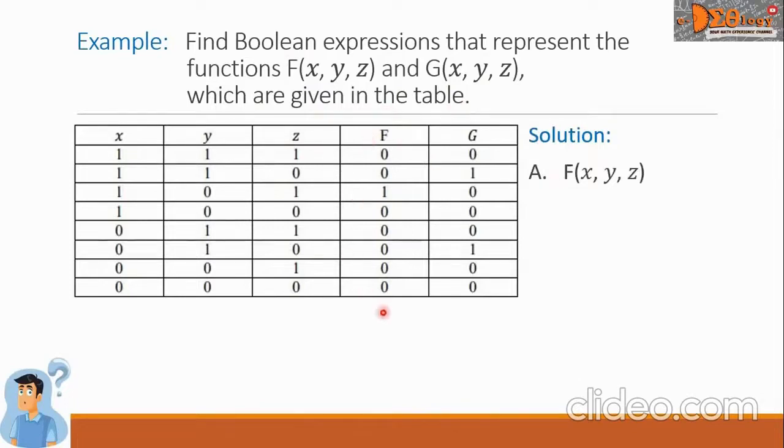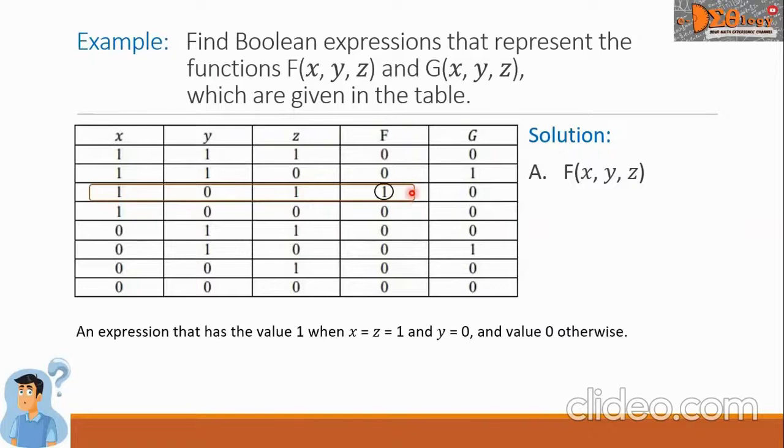Looking at our column here, we can see that all the numbers are 0 except number 1. So our goal here is to find an expression to represent the function f, and that is an expression that has the value 1 when x equals z equals 1 and y equals 0, and value 0 otherwise.